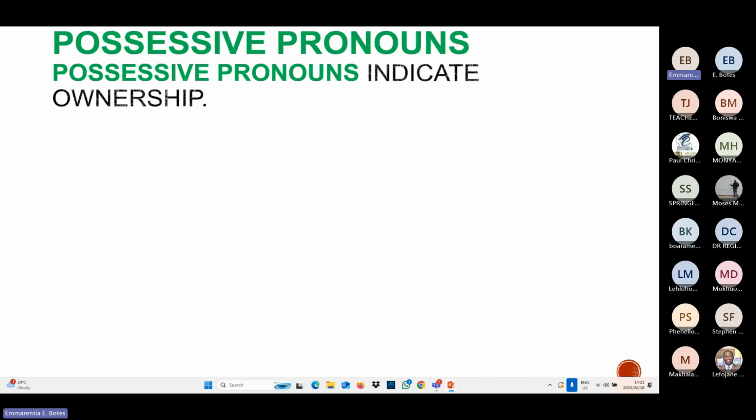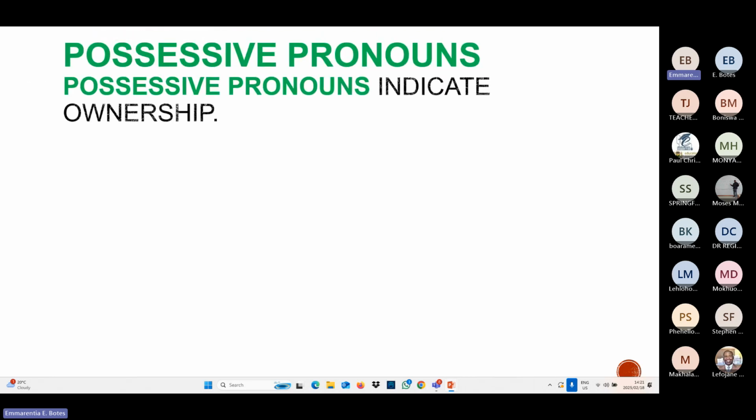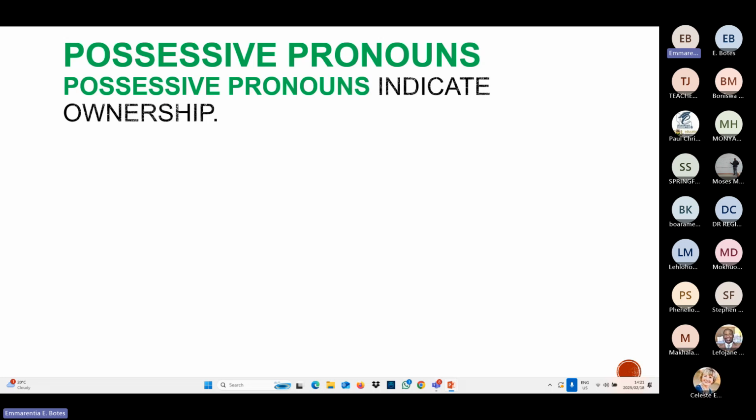Then when we look at our second pronoun, possessive pronouns. Possessive pronouns indicate ownership, something that belongs to you or to someone. An example, that book is hers, not yours.